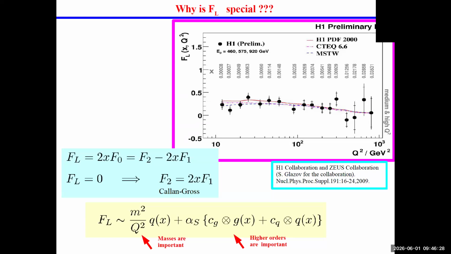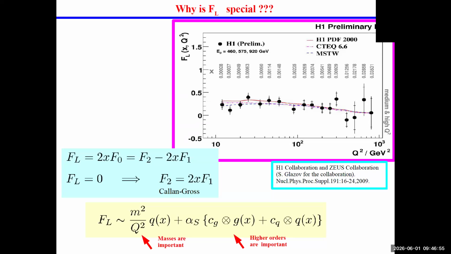Okay, and if you work it out, there are corrections. First of all, at leading order, there's a mass term, because basically it's 0 because of helicity arguments, but mass terms can violate helicity arguments. If you have a mass, you can boost to a frame where the thing's going in the opposite direction. The momentum flips, but the spin doesn't. It'll flip helicity. And so there are corrections proportional to the quark mass.